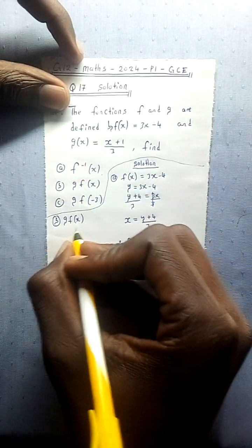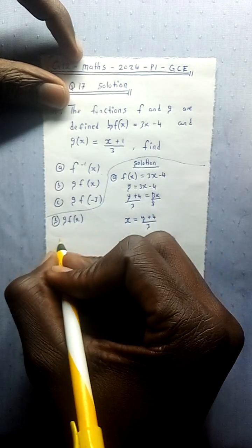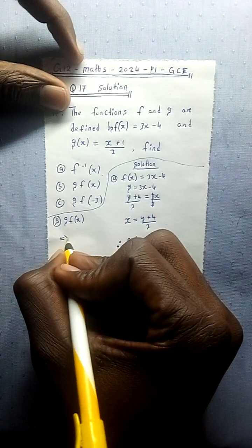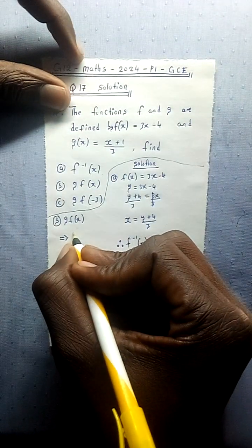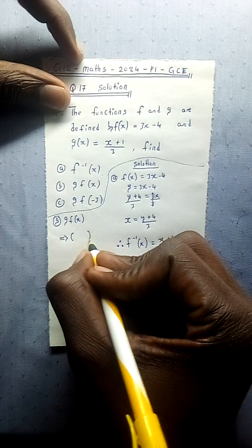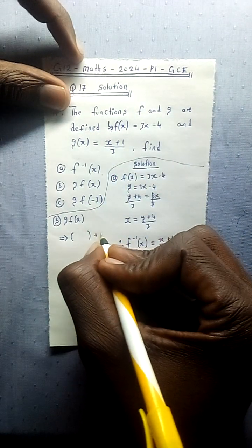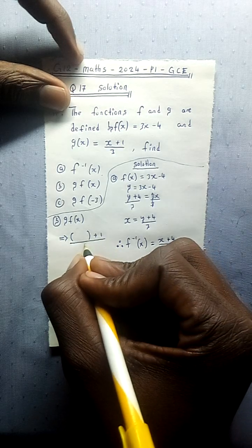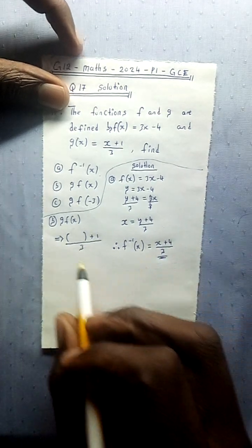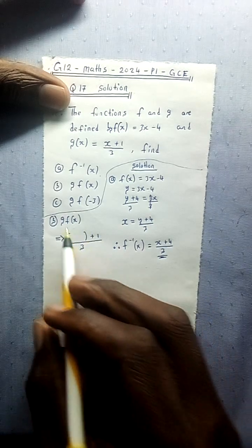So this will therefore be equal to the function for g. We have x there, so where there is x, we are not going to put anything, then anything else remains as it is. Okay, so this is the function of g.